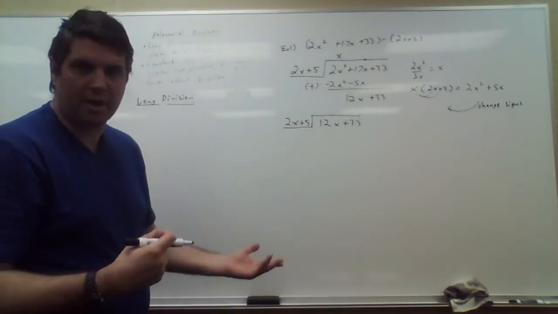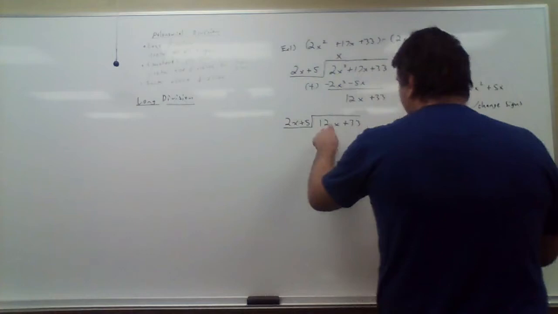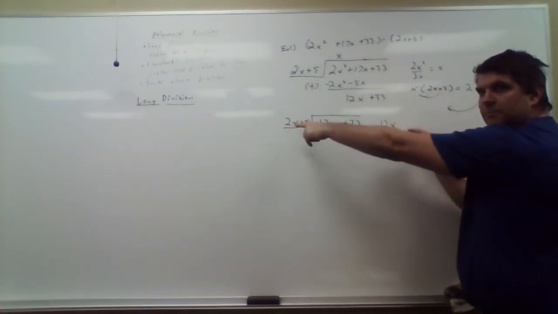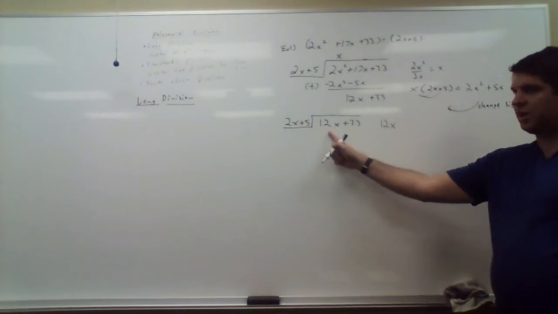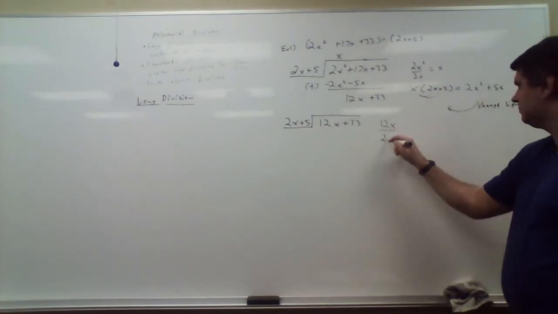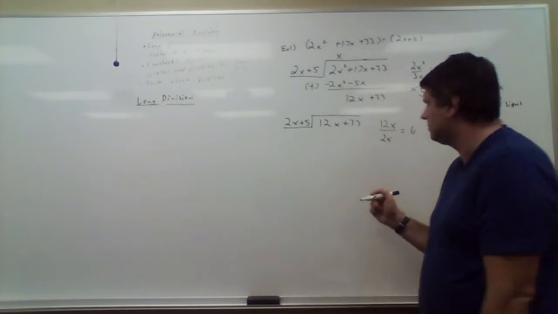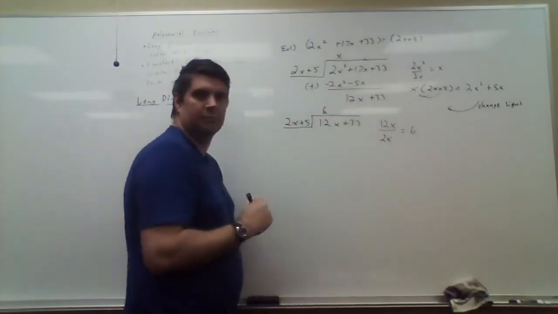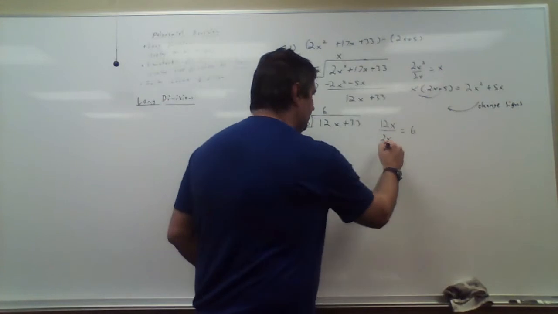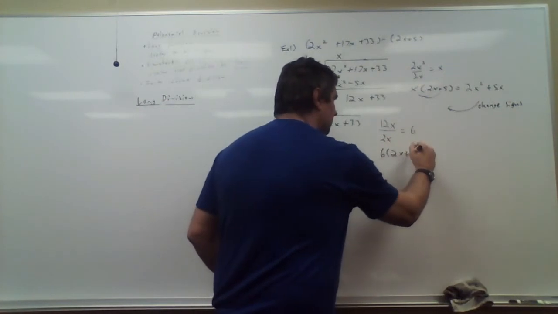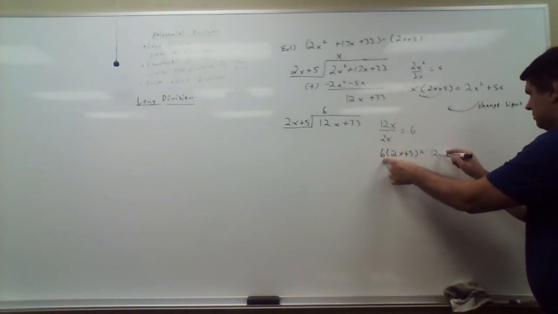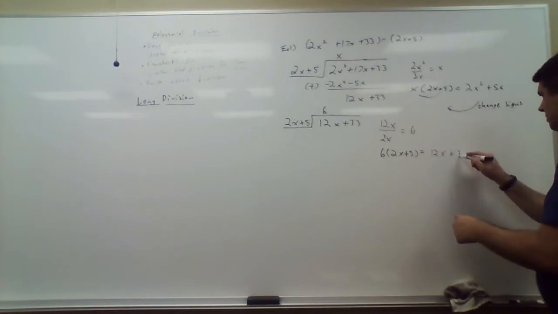And then we'll repeat the process. Divide first term by first term. That gives me 6. Put it on top. We're also going to take 6 times the divisor. So we end up with 12x plus 30.